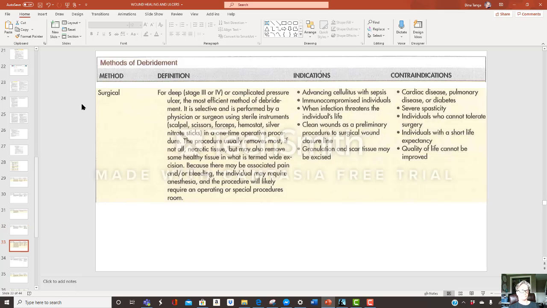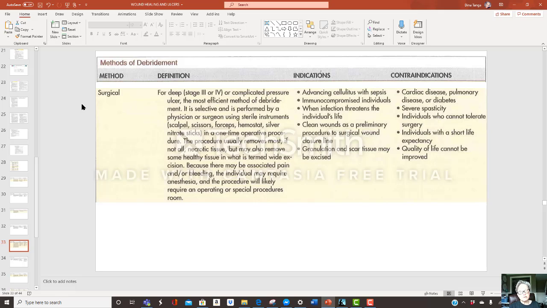Surgical debridement. For deep stage 3 or 4 or complicated pressure ulcers, it is the most efficient method of debridement. It is selective and is performed by a physician or surgeon using sterile instruments such as a scalpel, scissors, forceps, hemostat, silver nitrate sticks in a one-time operative procedure.